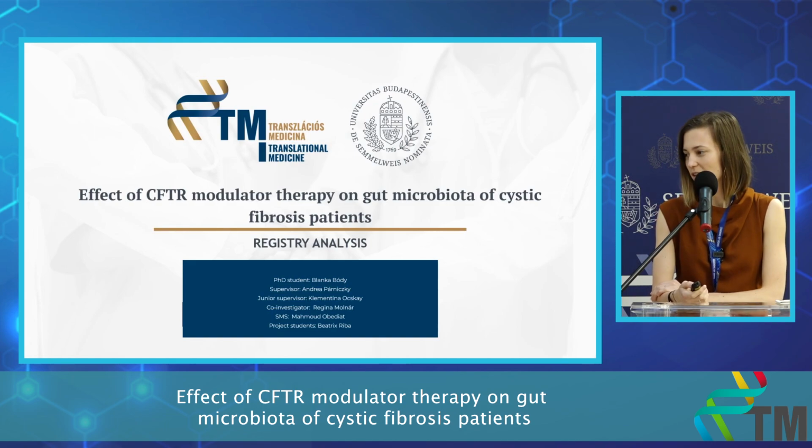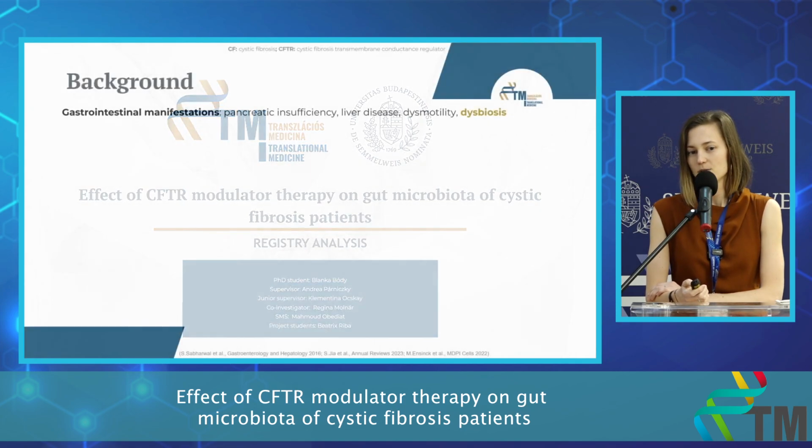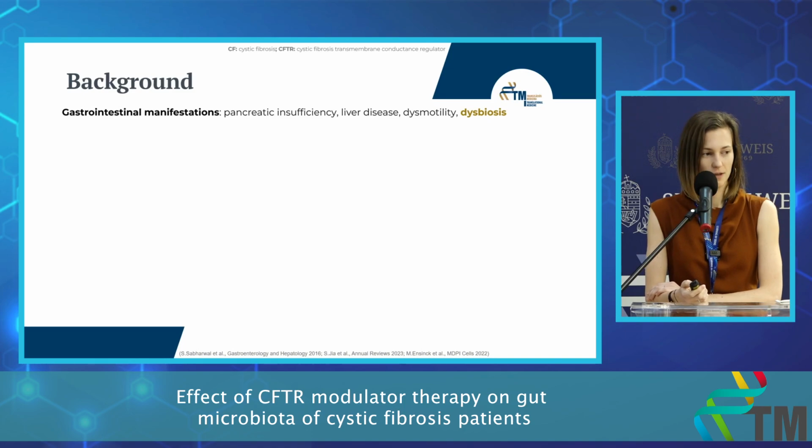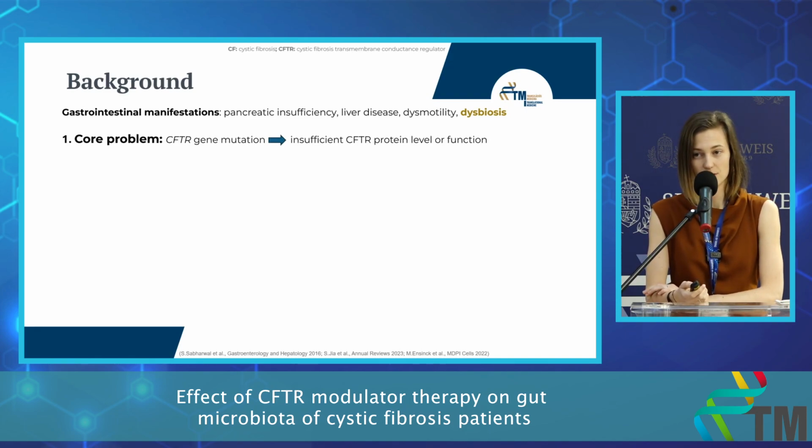Our second project is the effect of CFTR modulator therapy on gut microbiota of cystic fibrosis patients. CF comes with several gastrointestinal manifestations, including dysbiosis. The first core problem is the CFTR gene mutation, which results in insufficient CFTR protein level or function.